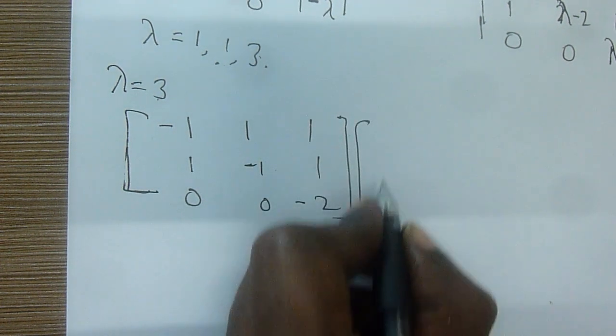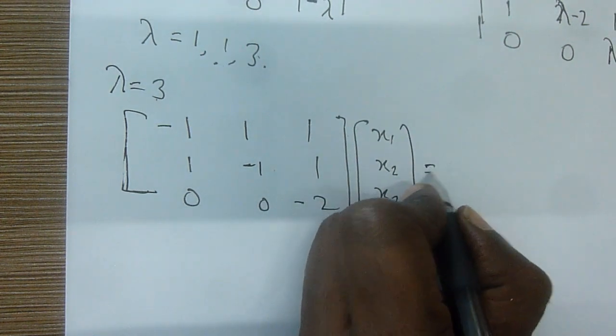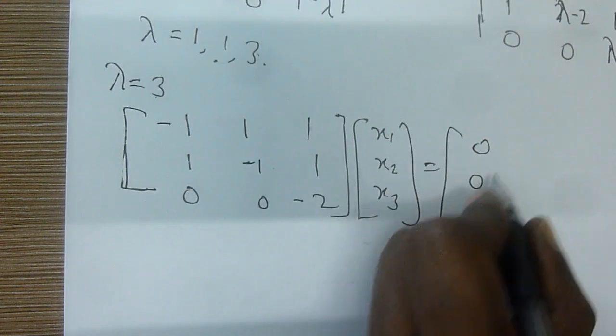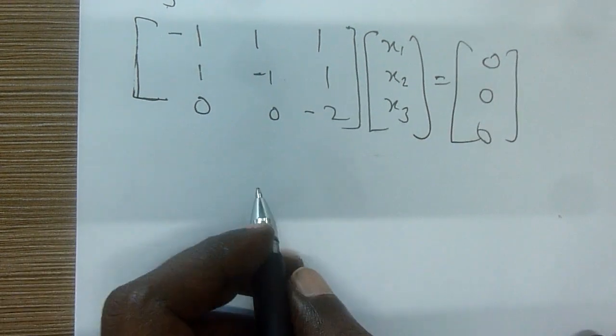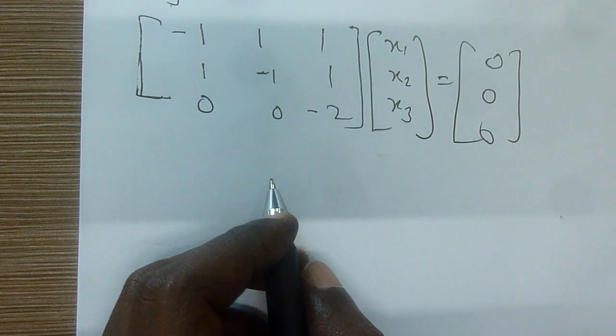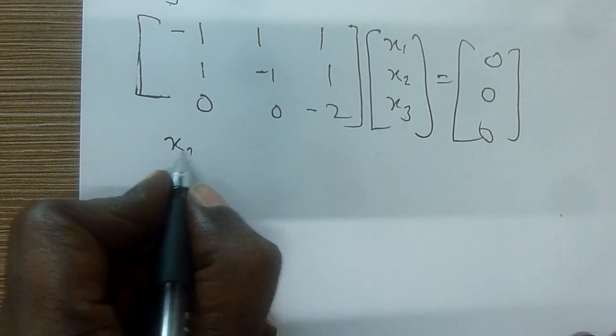Okay, now I choose x1 x2 x3 equals to 0 0 0. If this is the scenario, what is the possible answer that I may get? x3 is a 0.